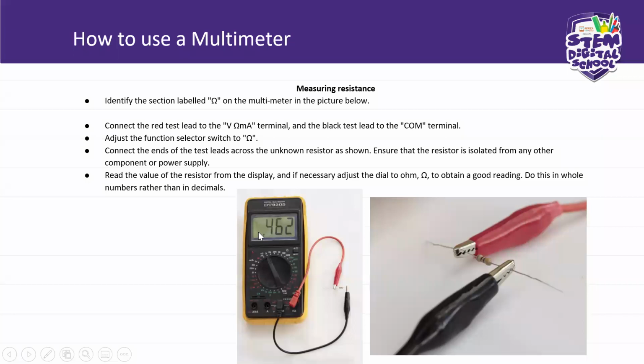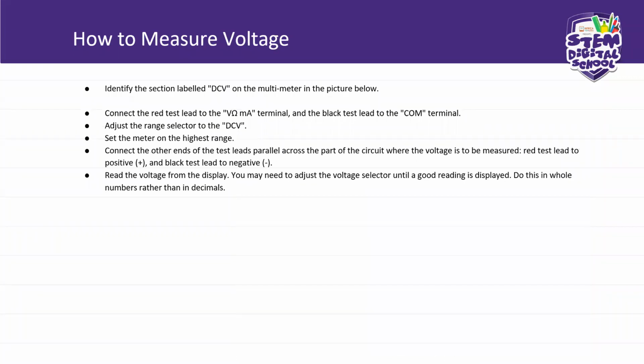The multimeter is digital. It's best to use a digital multimeter. You do get these tools in analog and digital, but I personally prefer the digital one because it gives you the exact value.